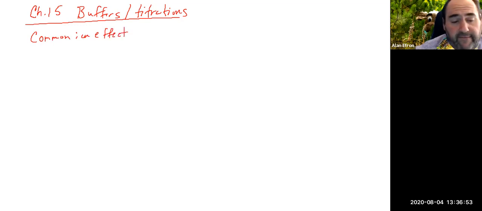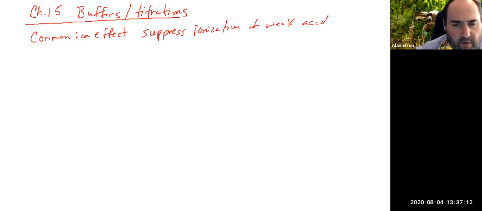The common ion effect, as the name implies, will have an effect on the ionization of a weak acid. It will suppress the ionization of a weak acid or base. And it's a basic Le Chatelier's principle.